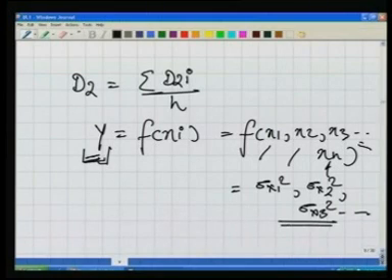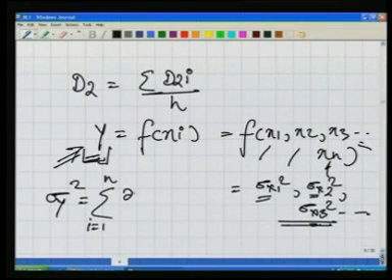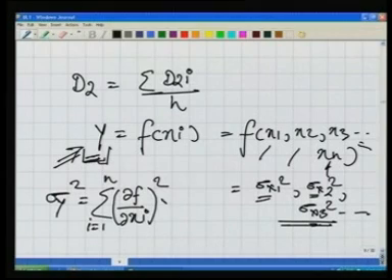We have seen in the error propagation how these individual errors propagate into y. If you recall, sigma y square is the sum for i from 1 to n, because there are n variables, of the square of the partial derivative of the function f with respect to each xi, multiplied by sigma xi square.